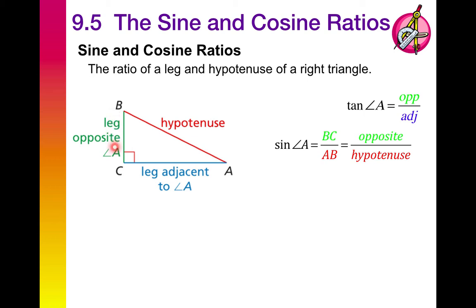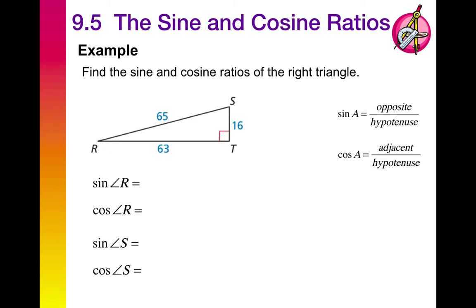So for the cosine of this particular angle, I'm going to take the adjacent leg and put it over the hypotenuse, and I'll call that the cosine. So now I have the sine relationship and the cosine relationship, and these are just ratios of two sides of the same right triangle.